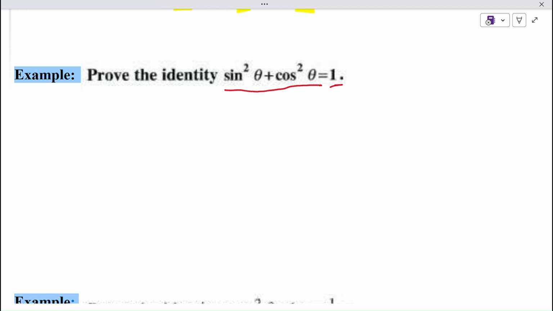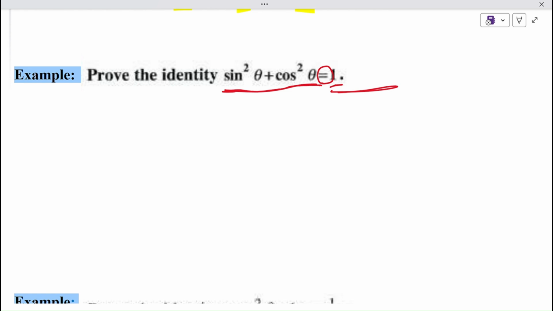Then you have to get the other side. How? Look here. We have two sides, with the equality in the middle. Which side is more complex? Of course, sine squared theta plus cosine squared theta. Okay, let's take this side. So after proving, we have to get 1.